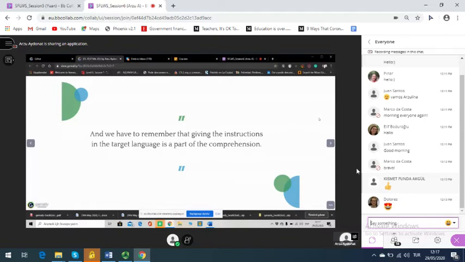But we have to remember that giving the instructions in the target language in our Spanish class is part of the comprehension. They have to understand the instructions, they have to listen to them in Spanish. So when they have writing exams, they don't understand if we give them the instructions in English, and when they have a Spanish exam, they read but they can't understand, so they give wrong answers. So the instructions are important. They have to be in the target language.